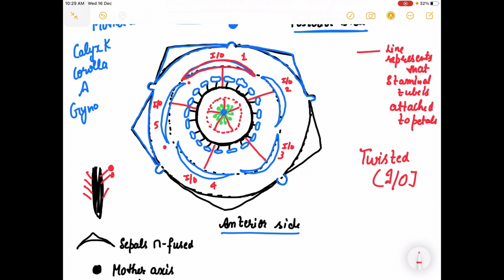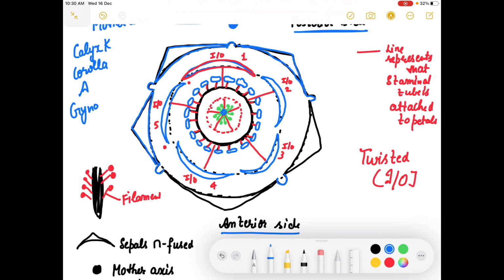Now you can see that a little part of the filament is free. So we will draw it like this: draw a circle and these free filaments.